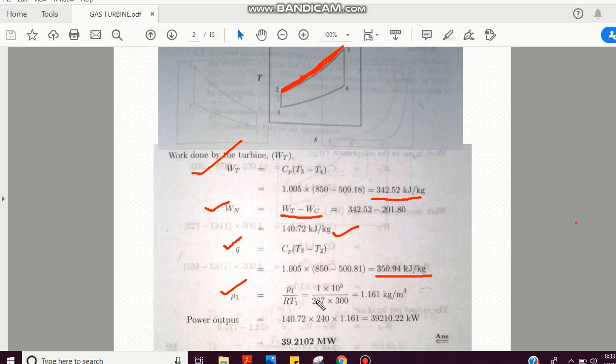By substituting the values, P1 is 1 bar, so 1 into 10 to the power 5. The value of R is 287, and the temperature at point 1 is 300 Kelvin. So we get the density as 1.161 kg per meter cube.